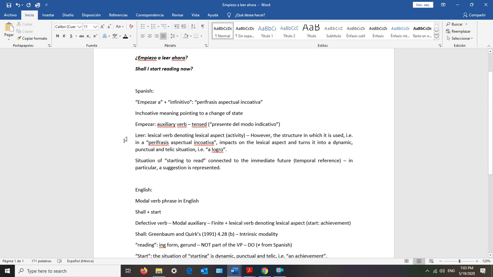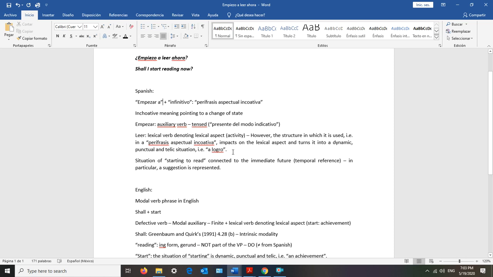Leer as a dictionary entry as such, right, points to an activity. However, the structure in which it is used, that is to say, a perífrasis aspectual incoativa, impacts on the lexical aspect and turns it into a dynamic, punctual, and telic situation, that is to say, a logro.